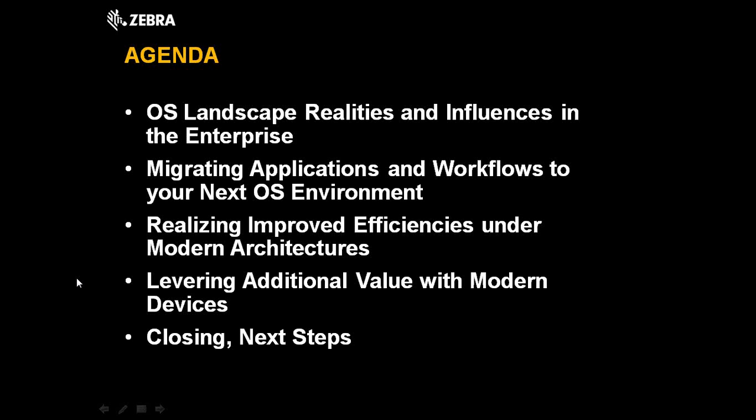We're also going to talk about going to a more modern environment, or something that meets the user expectation from an experience standpoint, in how we can realize improved efficiencies and productivity improvements under these modern architectures. We're going to talk about some of the additional value that these modern architectures bring to the table, and then talk about some next steps as we wrap things up.